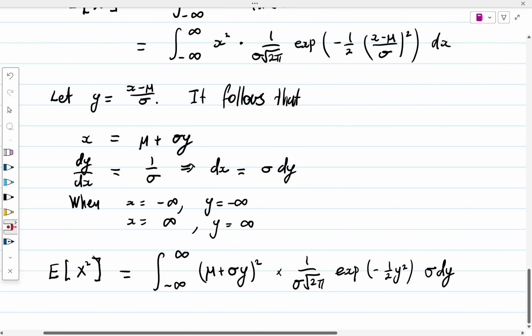And that's just substituting in our values of x in terms of y from above.